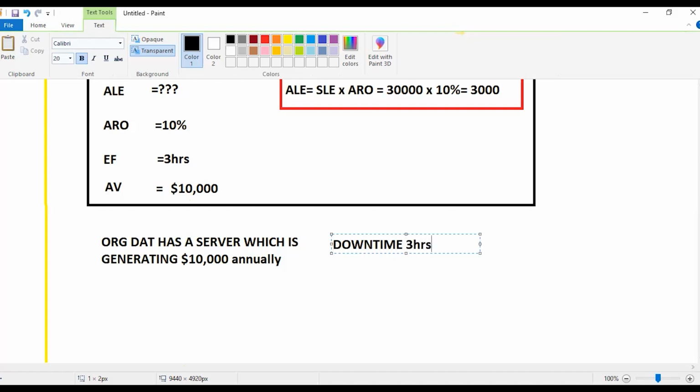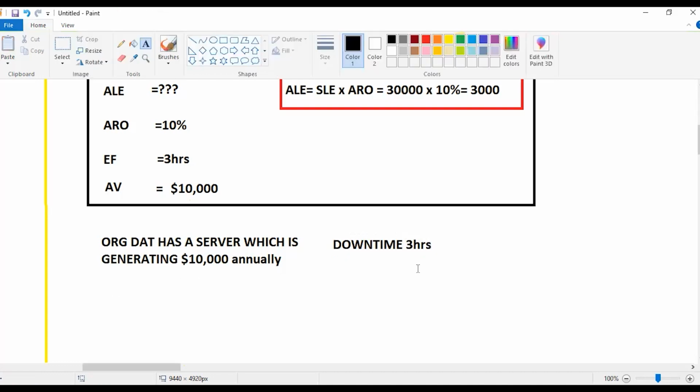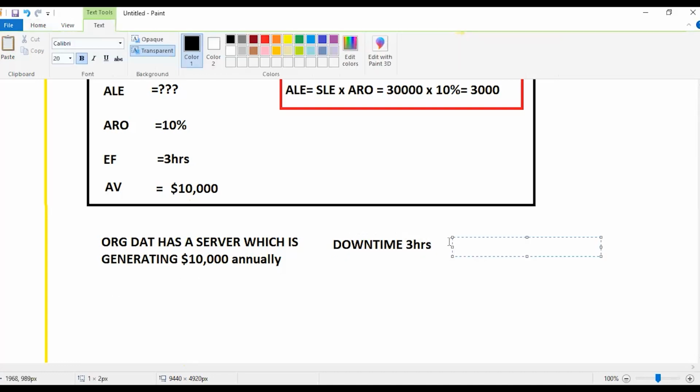For 3 hours, and in a year, the rate of occurrence of this loss is 10%.